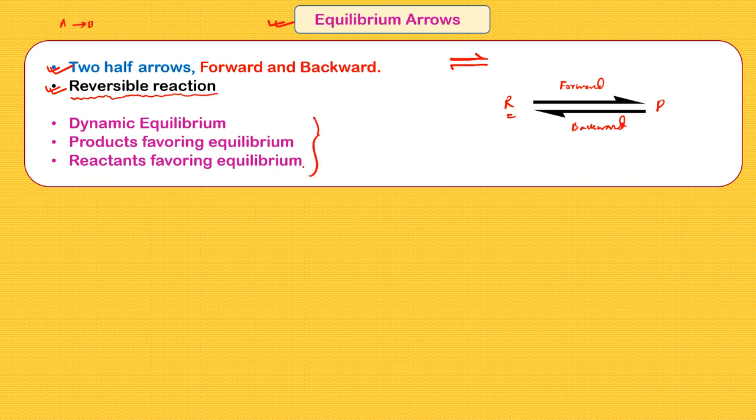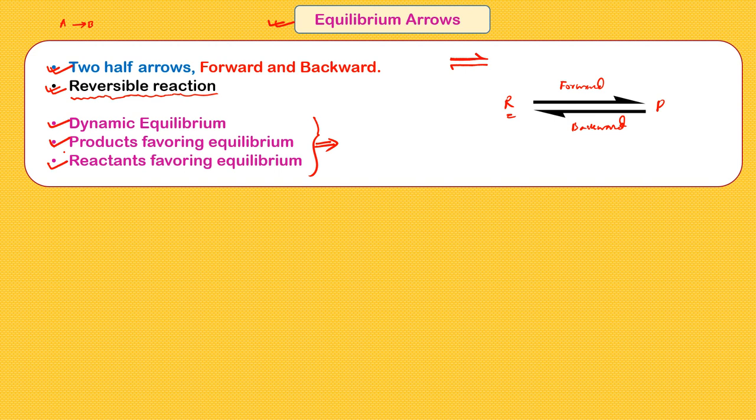On the basis of the transformations, the equilibrium arrow is representing three important things for us. It may be the involvement of a dynamic equilibrium, or a product favoring equilibrium, or the third thing, it may be associated with a reactant favoring equilibrium.